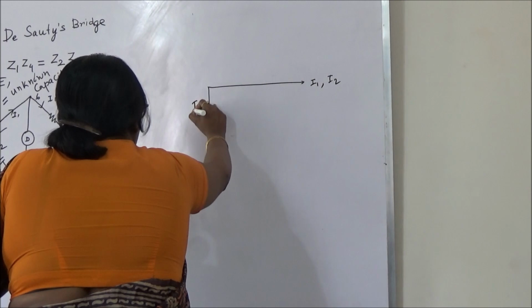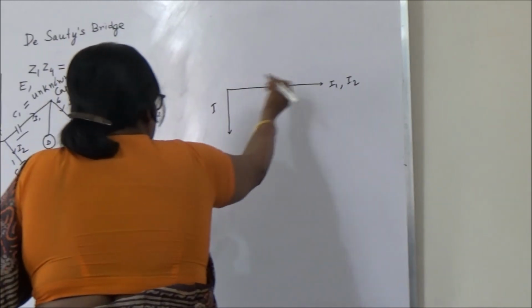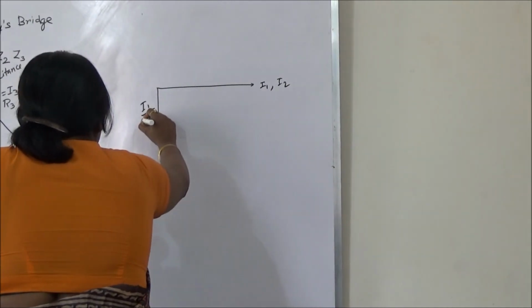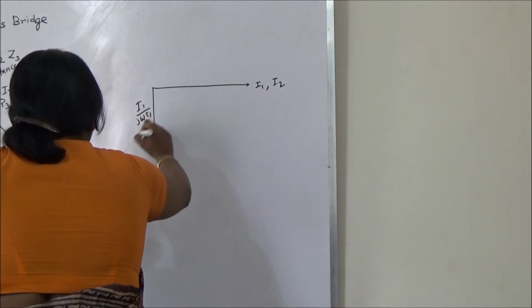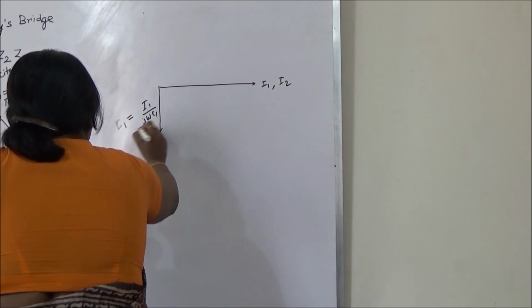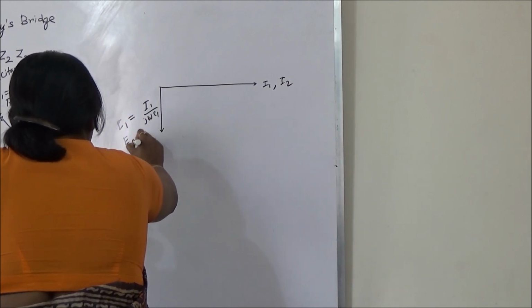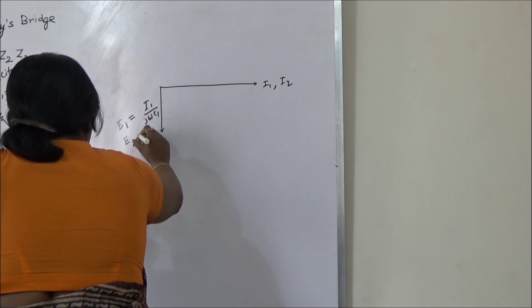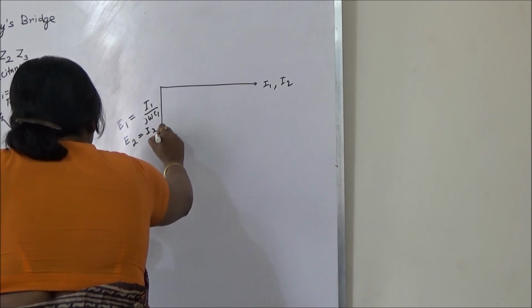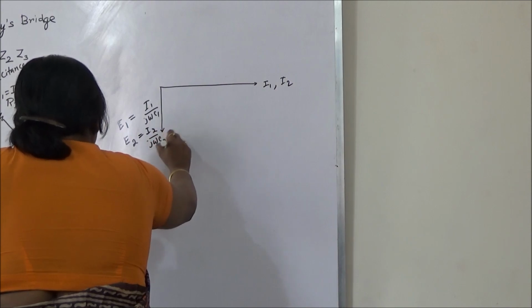In case of a capacitor, current leads, so this is I1 by j omega C1. This is equal to E1. The same thing, E2 is equal to I2 by j omega C2.